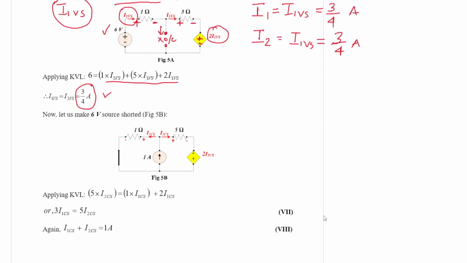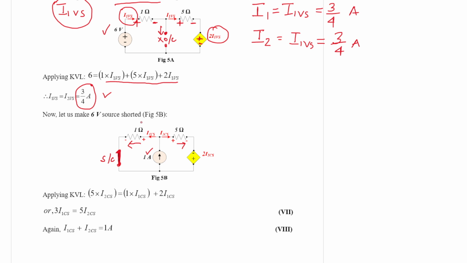Now let us consider the second diagram, figure 5b, where we have considered the 1 ampere current source active, and we have removed the voltage source and short circuited the terminals. This 1 ampere current source gets two paths, one along the 1 ohm resistance and another along the 5 ohm resistance.